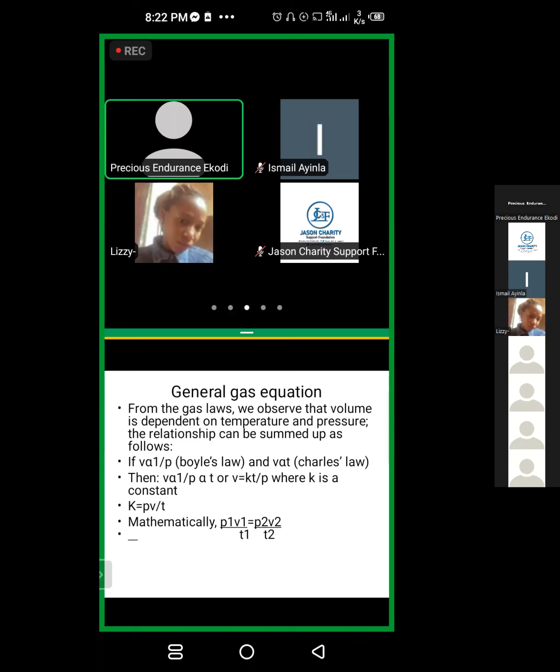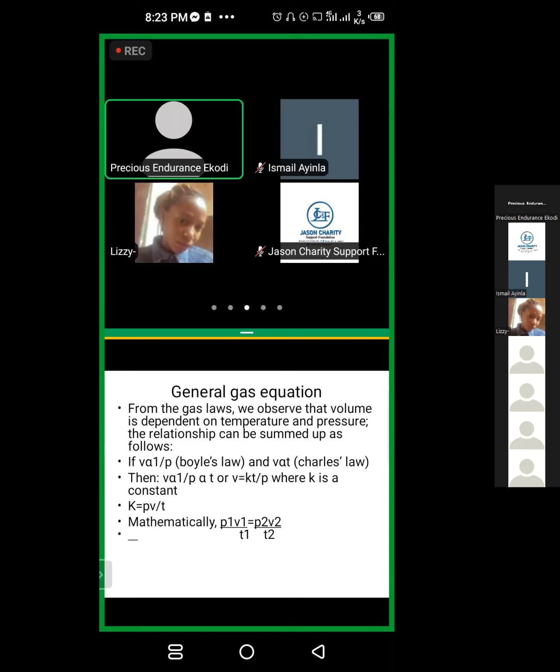That is, V is proportional to 1 over P. While for Charles' law, the same V is directly proportional to T. So when we combine all of this together, we have V is inversely proportional to 1 over P and directly proportional to T. Or if we introduce our constant, we have V equals KT over P. Remember, K is your what? Constant.